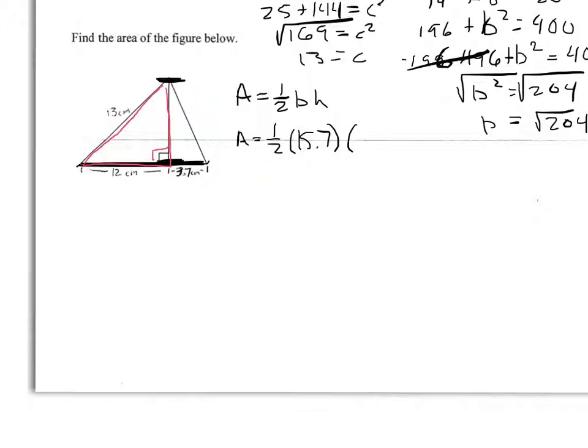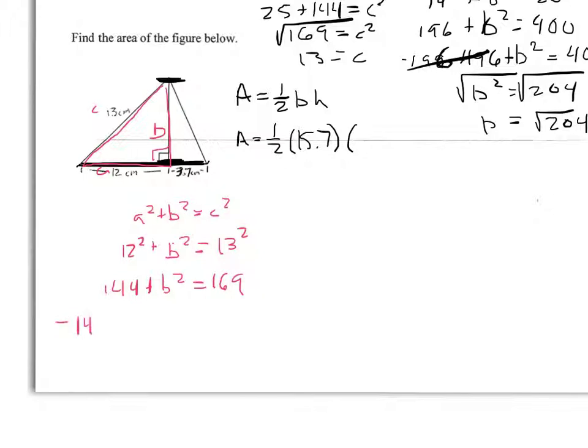So I'm going to use this. This is my A. My B is my unknown, and this is my C. So I'm going to use A squared plus B squared is equal to C squared. A is 12 squared plus 13. Oh, sorry. B is my unknown. B squared is equal to C squared, which is 13 squared. So that's 144 plus B squared is equal to 169.